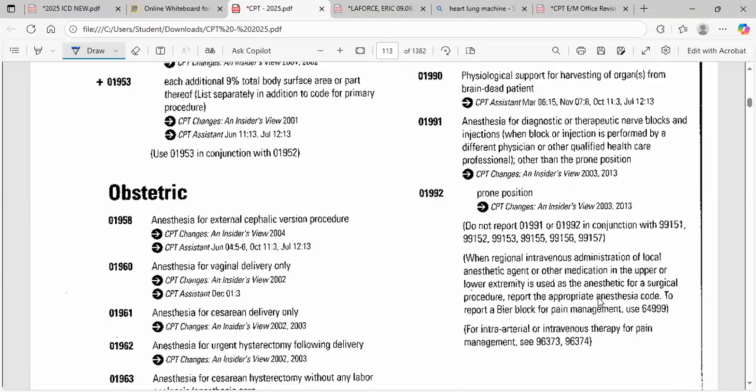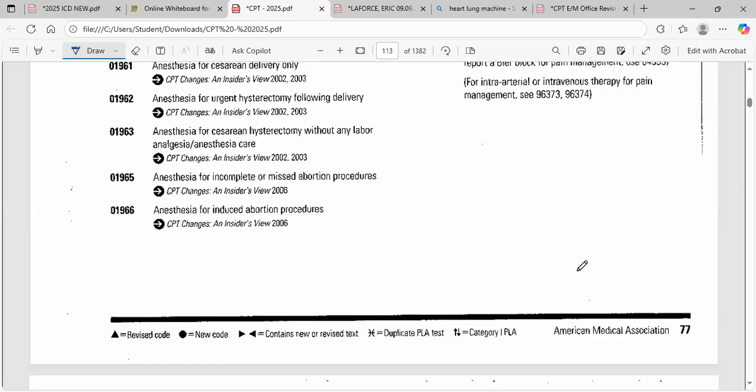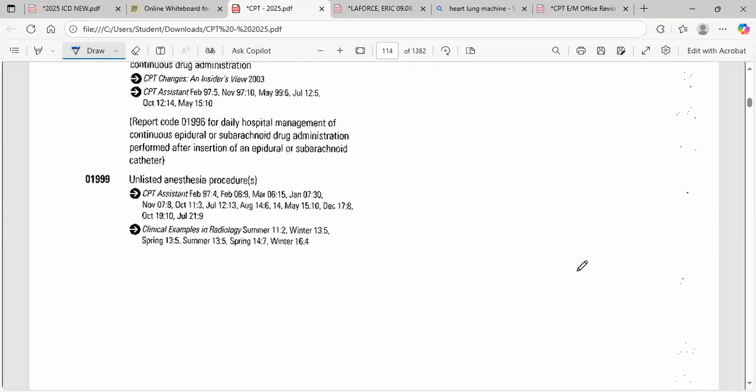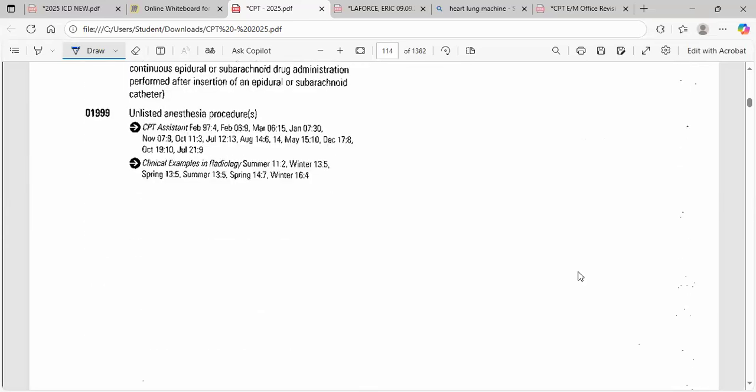We have another separate section for the OB procedures, when the anesthesia has been given for OB procedures. And the last code, we have the unlisted code here. We have to use the unlisted code when the documentation includes the complete detail of the procedure. However, we do not have a specific code.